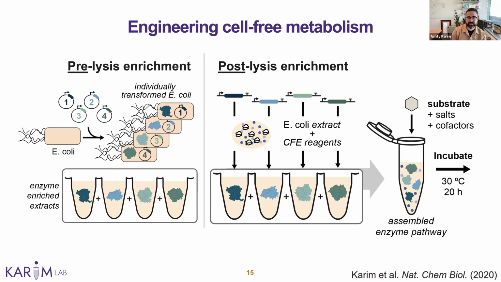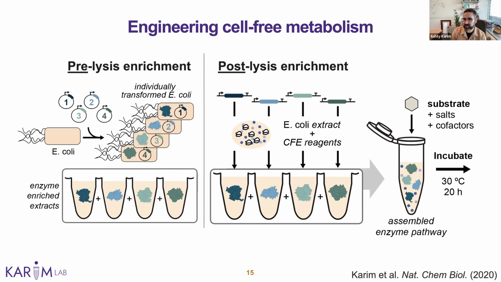Pre-lysis enrichment is where we take an E. coli, transform it with DNA expressing a protein or enzyme of interest, grow those organisms up, and make lysates out of them. Now we have a pre-lysate enrichment of these enzymes. Post-lysis enrichment is using the cell-free transcription-translation machinery to synthesize proteins or enzymes directly in the lysate.